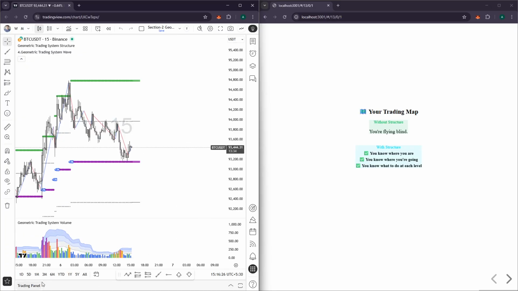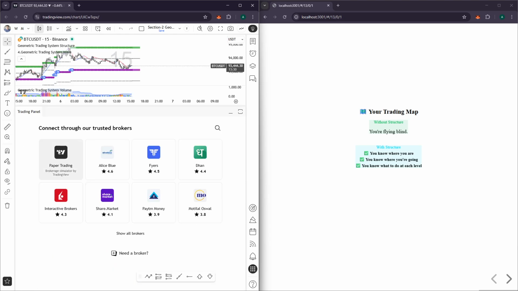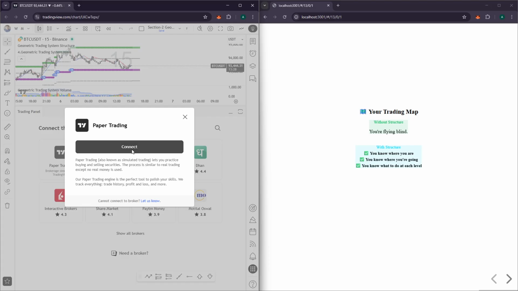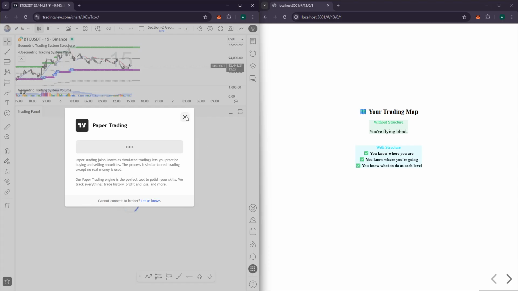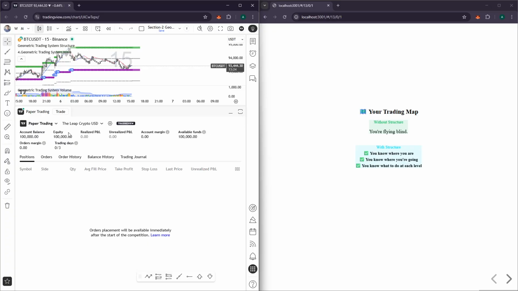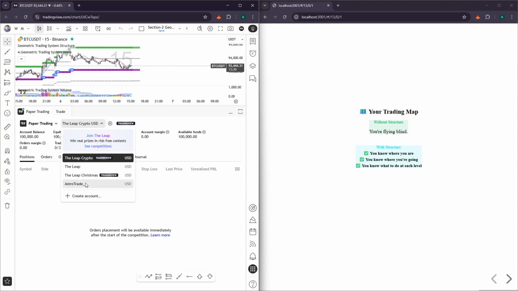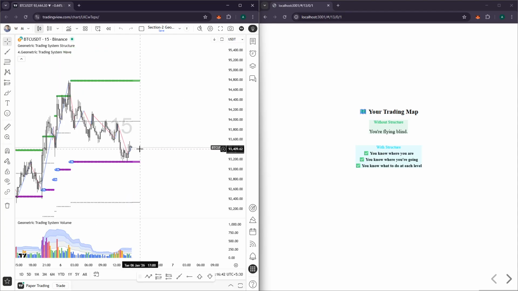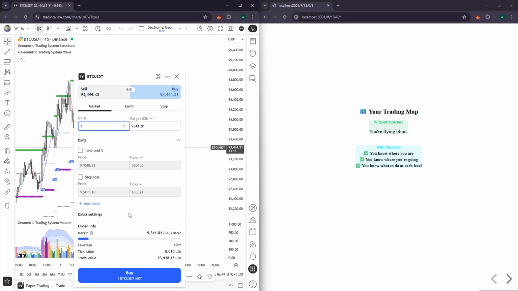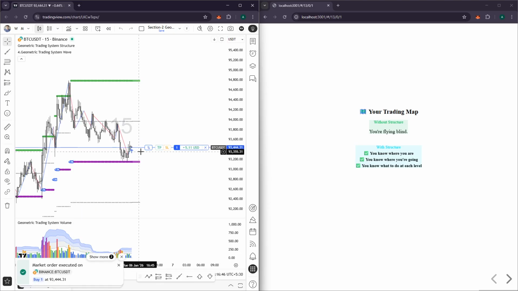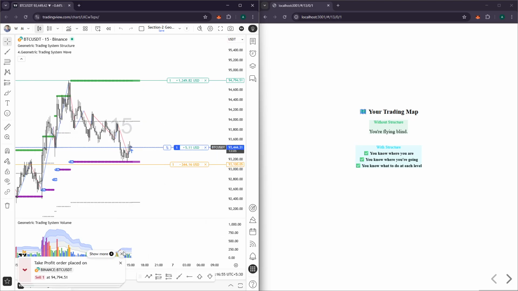Let me show you. I'll have to select the paper trading account here. Let me just buy one, put the stop loss there, take profit there, and just let it run.